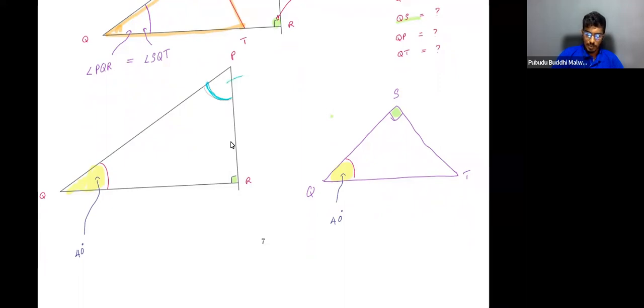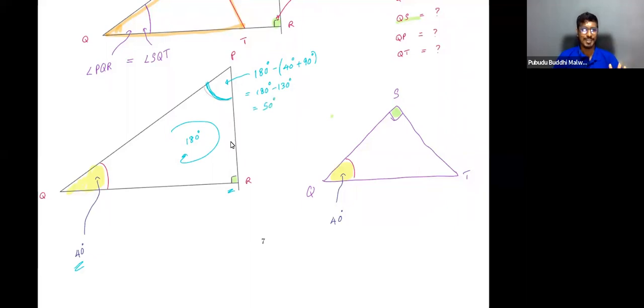Now I think that should equal what? Here 40, 90 here. Sum of interior angles definitely equals 180. Therefore, this one equals 180 minus 40 plus 90, which is 180 minus 130. That is 50 degrees.